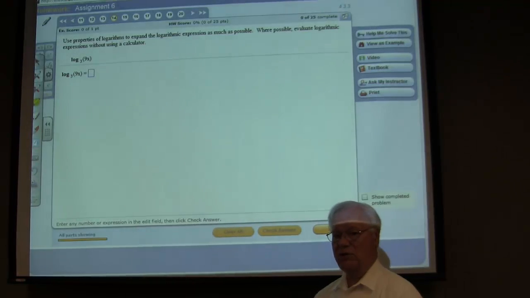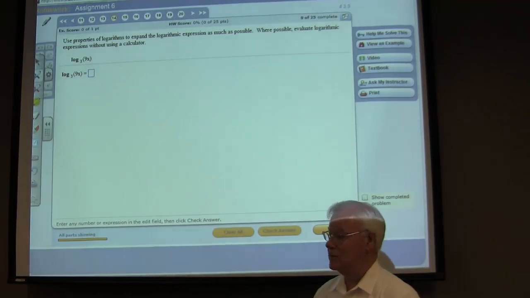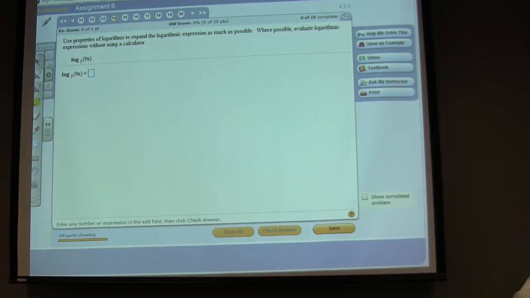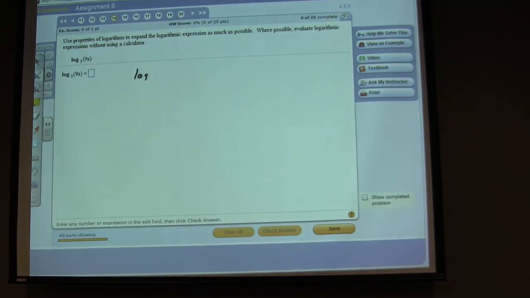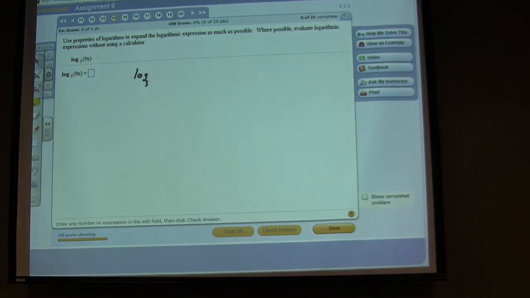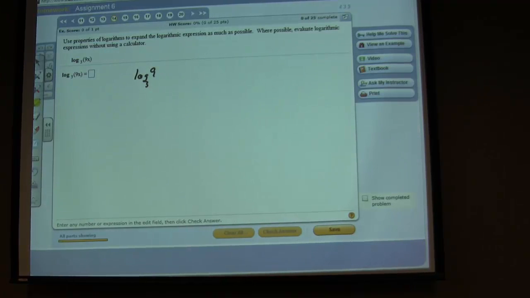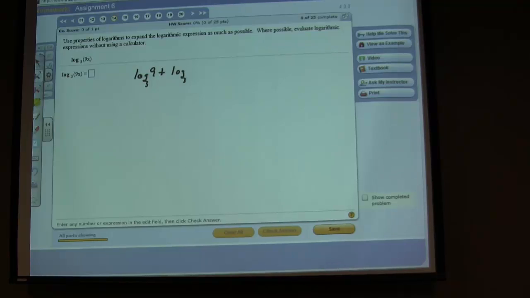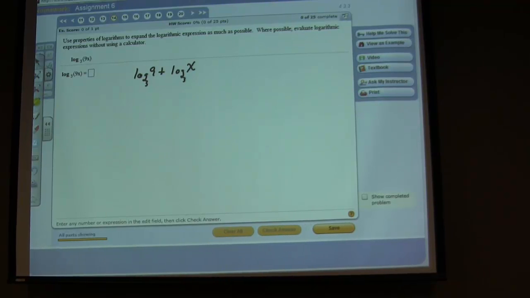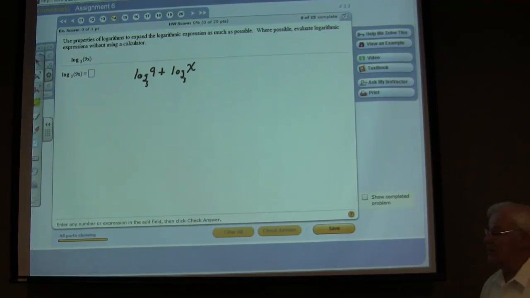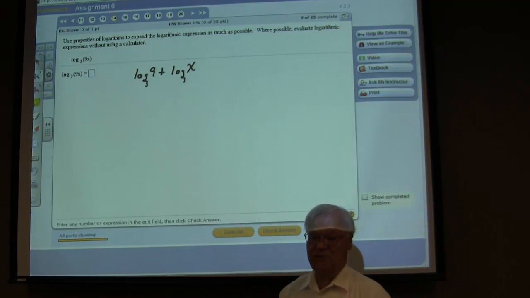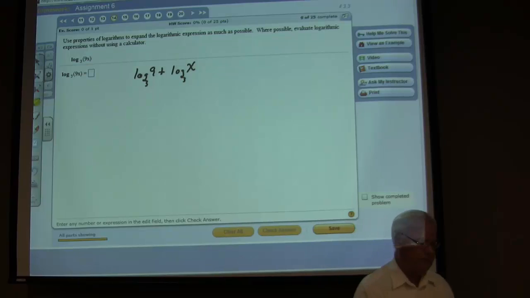We said you add the exponents. So this is the same as saying that we have the log, the exponent you put on 3 to get 9, plus the exponent you put on 3 to get x. Because we were multiplying the 9 times the x, we can add the exponents you put on 3 to get those.